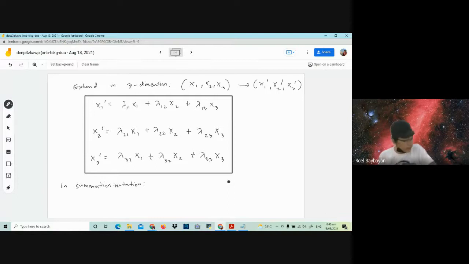In summation notation, we can write this as x i prime equal to the summation of lambda ij xj, where j runs from 1 to 3. This is because this is in 3 dimensions, so the summation is from 1 to 3. So j is equal to 1 to 3. Sorry, this is i.